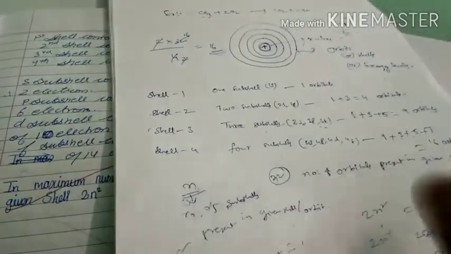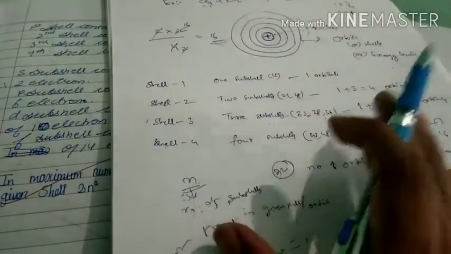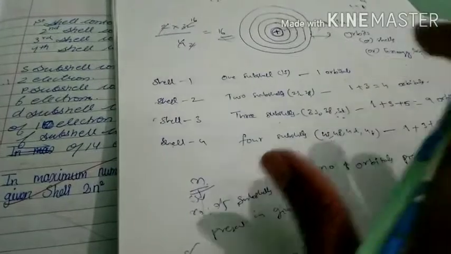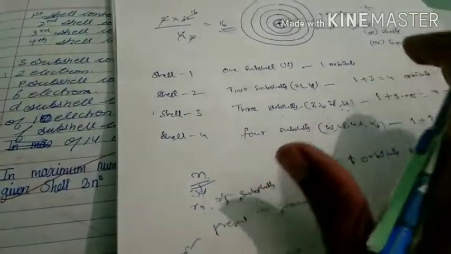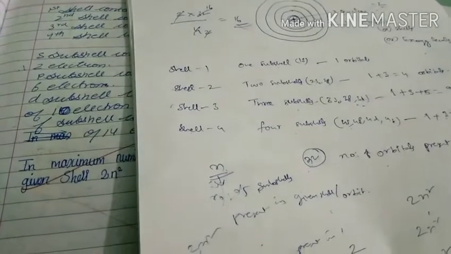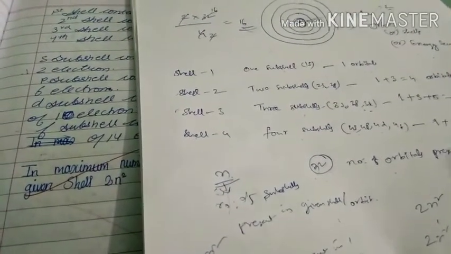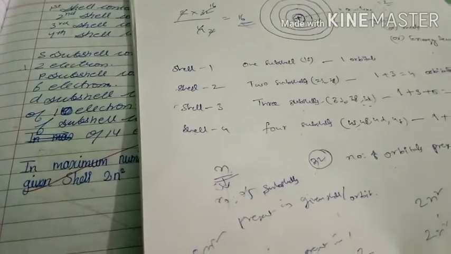Like that, you have to think, then you will get clear. If not, better to watch this video twice or thrice, then you will get a clear idea about this. This is all about Bohr's theory, and this is a very important theory. We will face questions mostly from this topic at CBSE level.